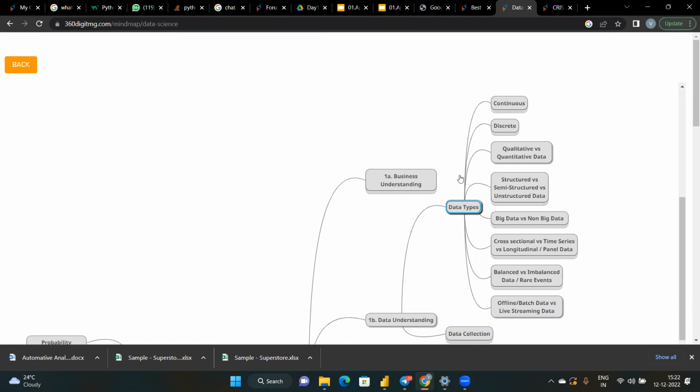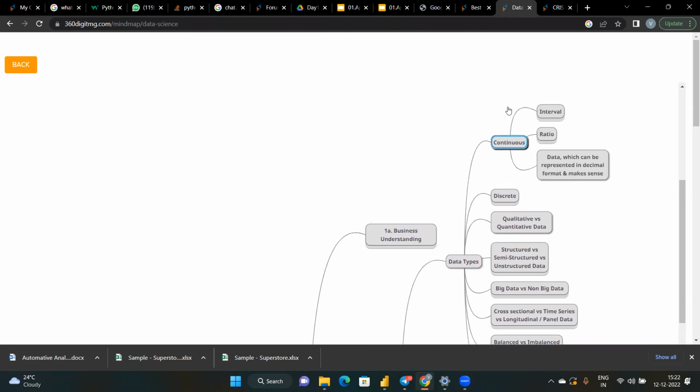So guys, now we are gonna go about data understanding. We're gonna understand about data. So continuous. What is meant by this continuous data? The decimal point, guys, which makes complete sense. Okay, the decimal points.